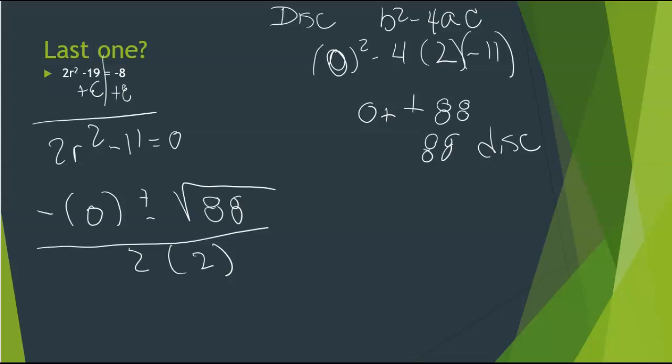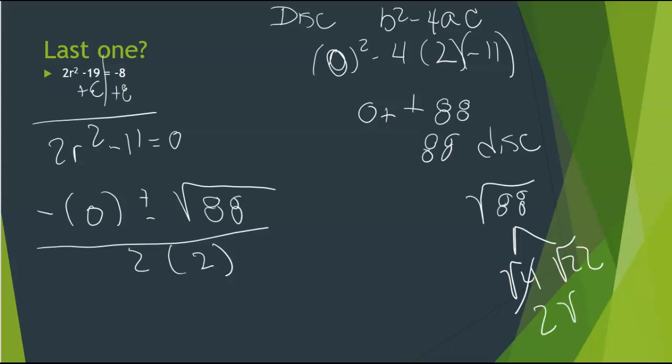So now we have to simplify the square root of 88. Are there any perfect squares that we can get out of 88? I'm thinking definitely a 4, huh? Yep. 4 times 22 is 88. So that's 2 square root of 22, right? But this is a 0, so we don't even really care.